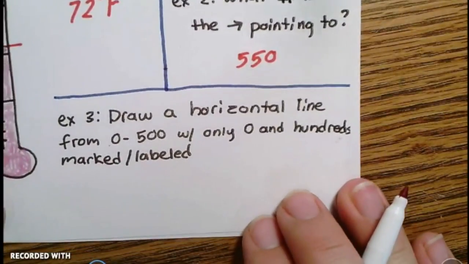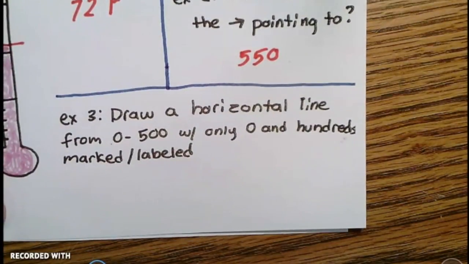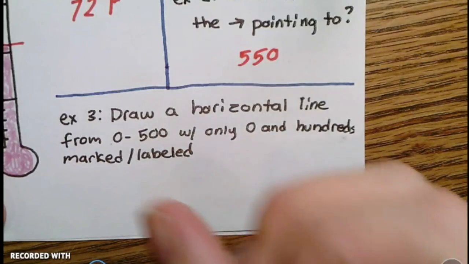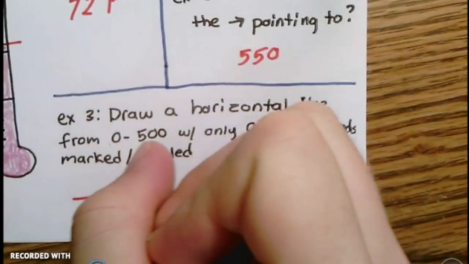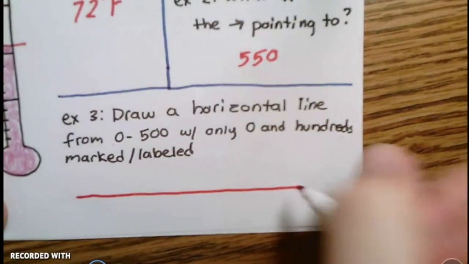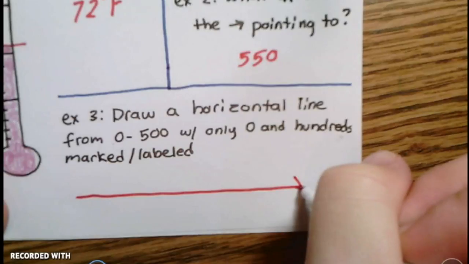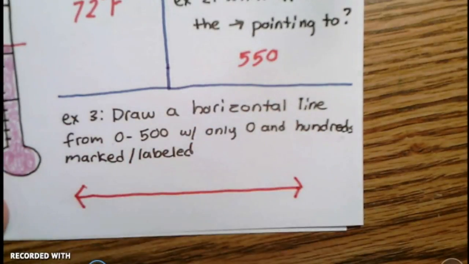Here's the third type of question you could get. Draw a horizontal line from 0 to 500 with only 0 and hundreds marked or labeled. So my first step is to draw a horizontal line, and I'm going to do that. And since it's a line, I need to make sure that I put my arrows on the end showing it continues in both directions.